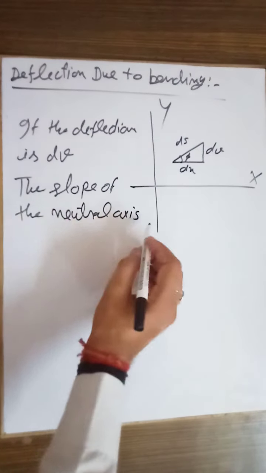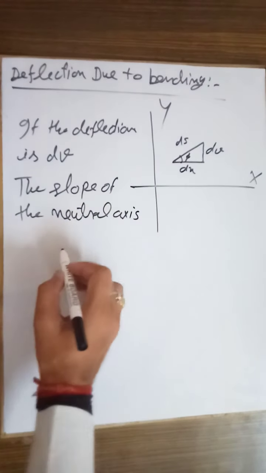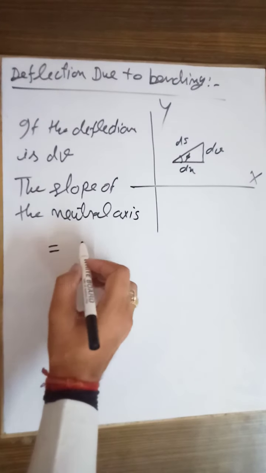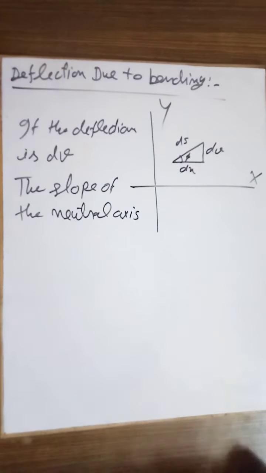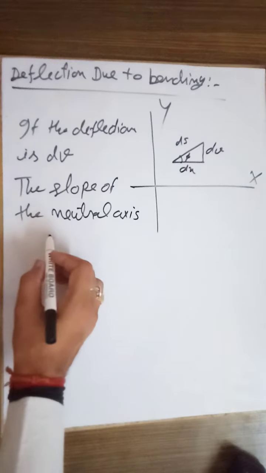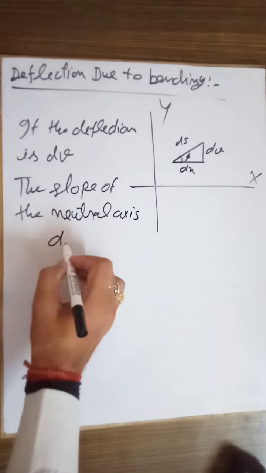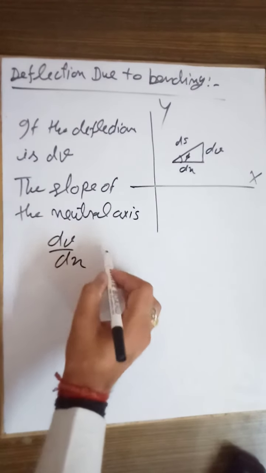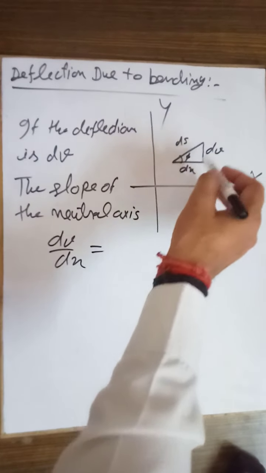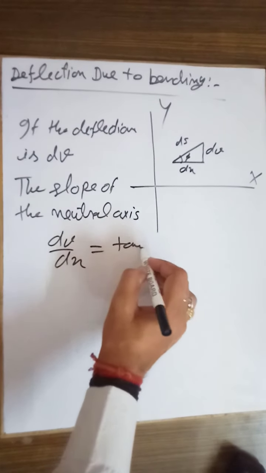So the slope of the neutral axis we can write directly: it is dv by dx. And that, dv by dx, is tan phi.